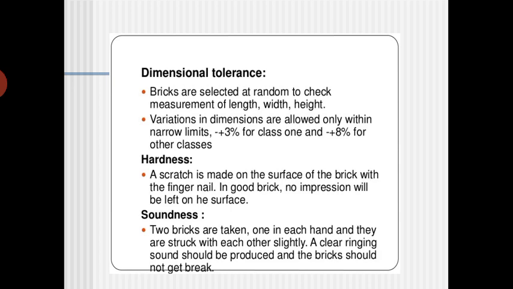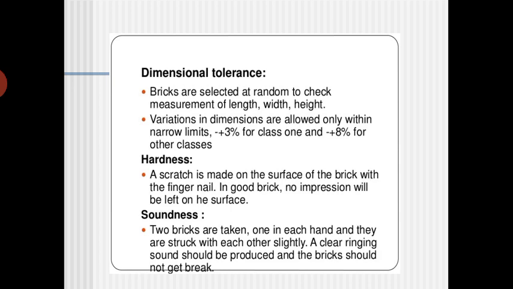Next, dimensional tolerance. Bricks are selected at random. I already said that the length, width and height should be measured randomly. Suppose you are taking a truck of bricks, take them randomly and measure the dimensions of each brick.